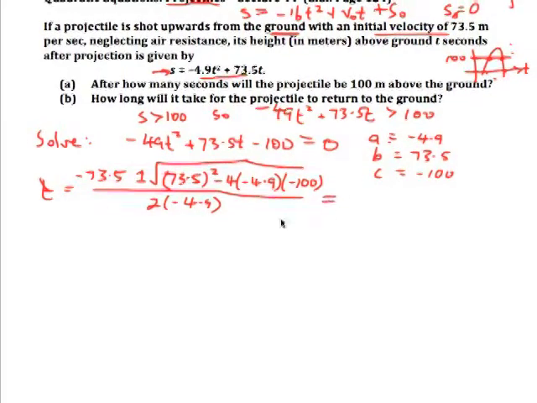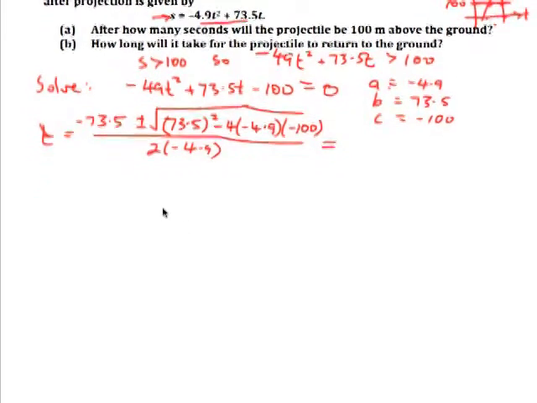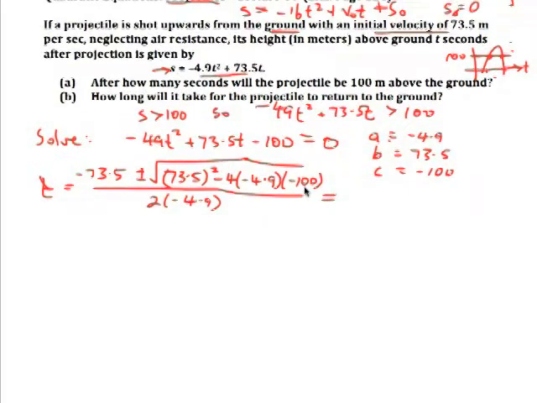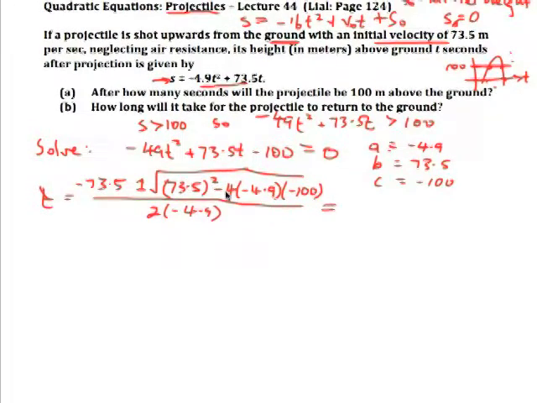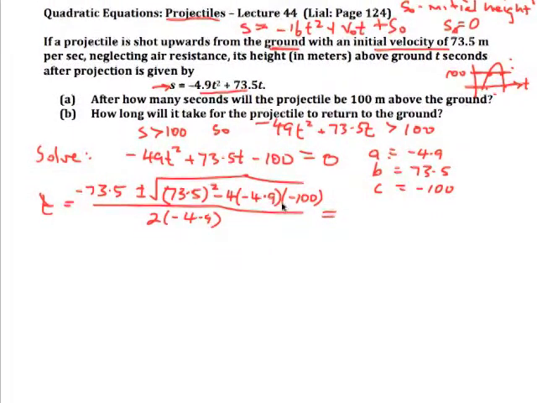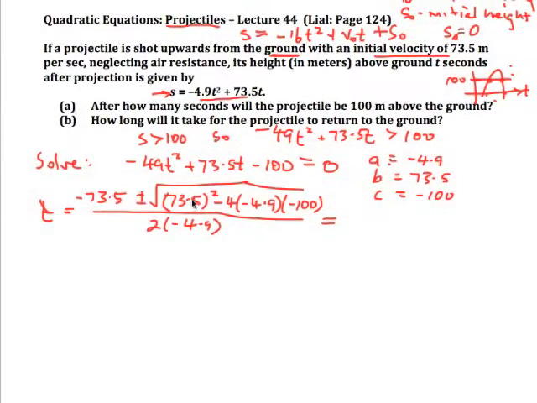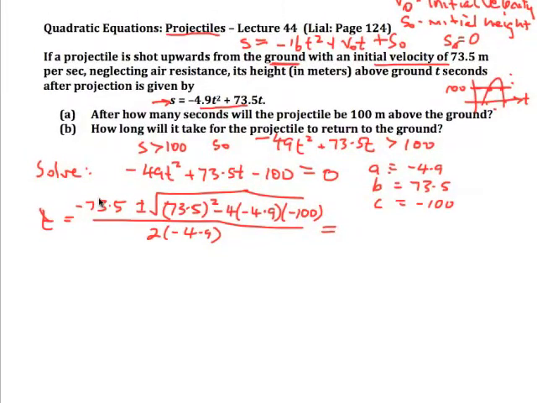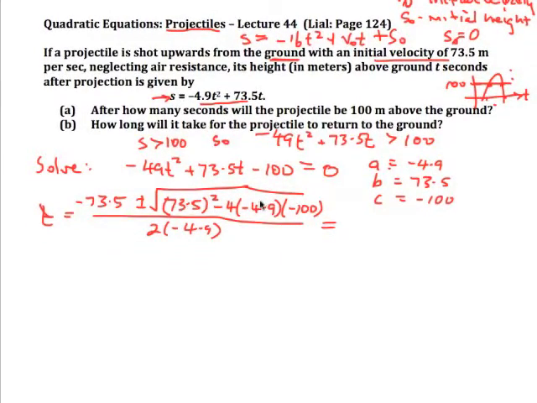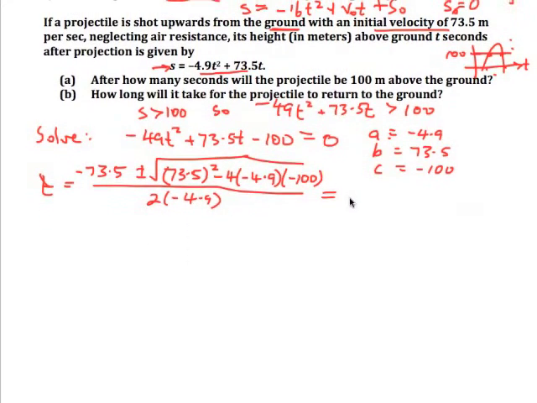Of course, you're going to need a calculator for this, and when you use the calculator, be very careful the way you do it. Do this part first. Notice that we're going to have a negative by a negative by a negative, so this is still going to be negative 400 times 4.9, and we subtract that off of 73.5 squared, find the square root of it, and then it's going to be negative 73.5 plus or minus that value, all divided by negative 9.8 here.